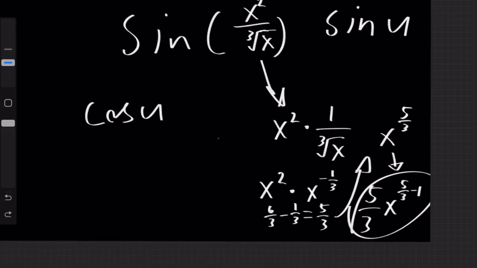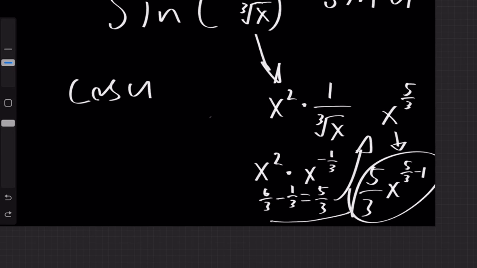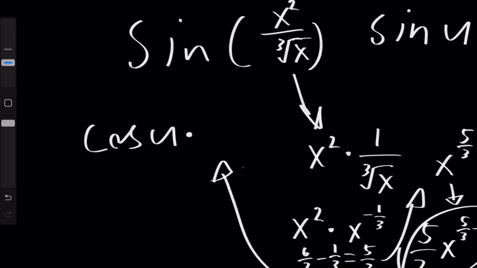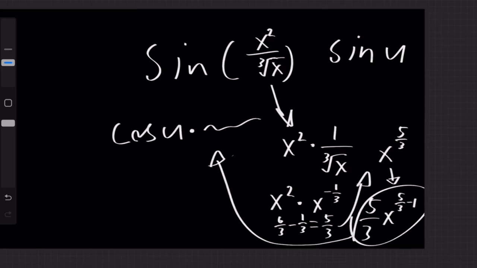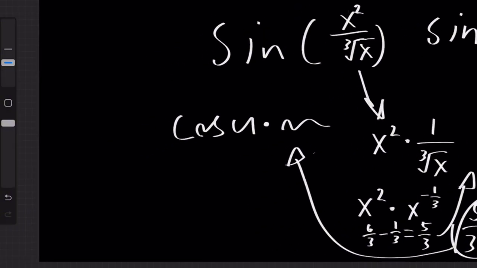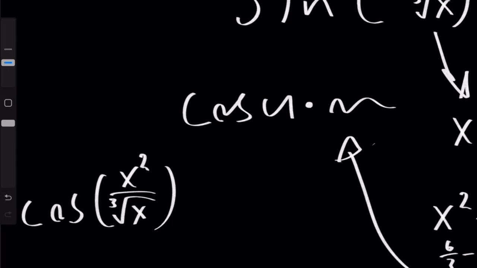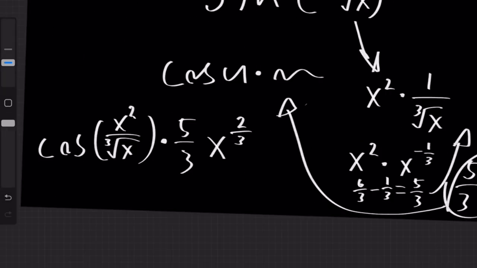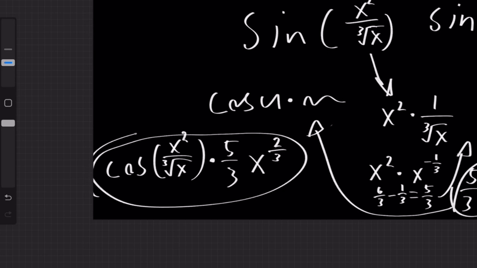So this is the derivative, and we just multiply, take this and multiply it by cosine of u, and again we plug in this for u. So the final answer would be cosine of x squared over cube root x times 5/3, and that'd be x to the 2/3, and that's our final answer.